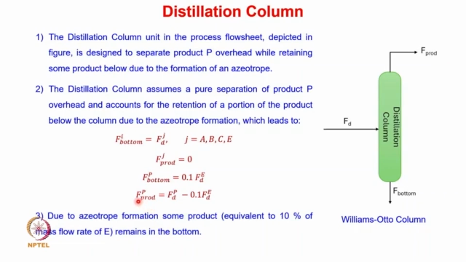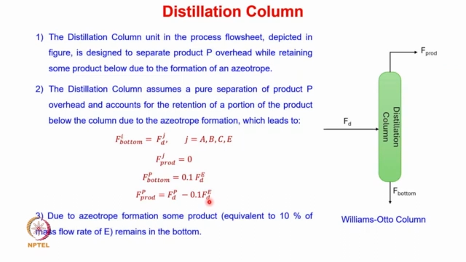So that is what is represented. You can see that FP product is nothing but the mass flow rate of the desired product P separated at the distillate, given as FDP minus 0.1 FDE. So FDP is the mass flow rate of the product P entering the distillation column, minus 0.1 FDE, which is the equivalent amount of product that will remain in the bottom.